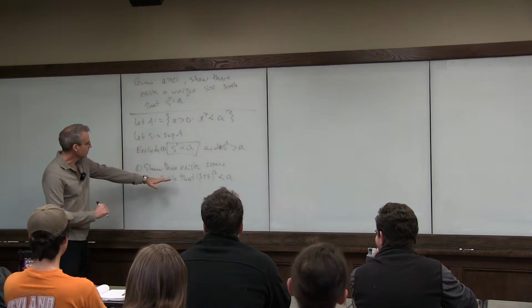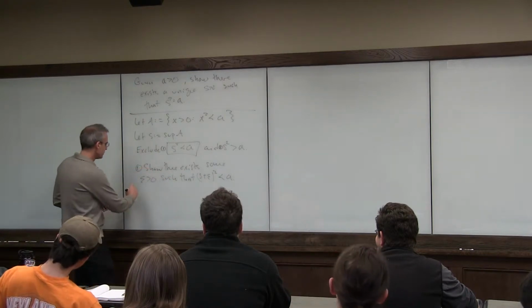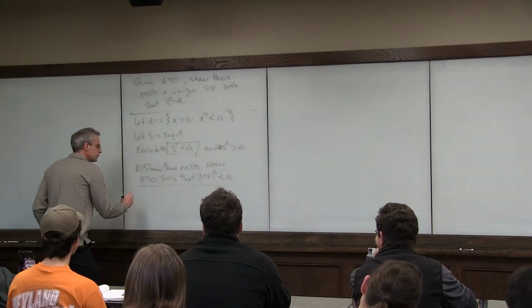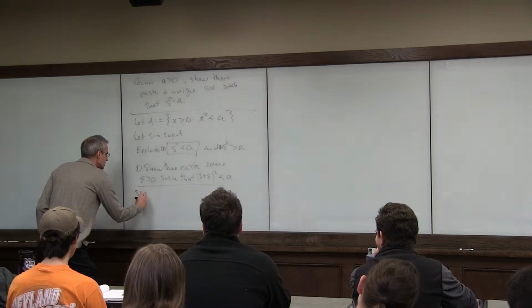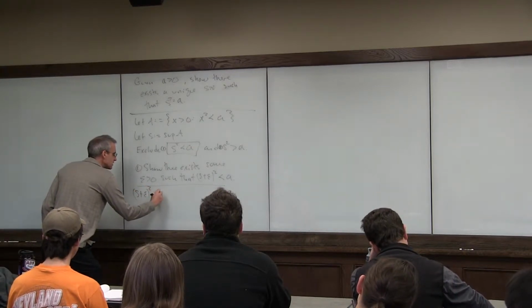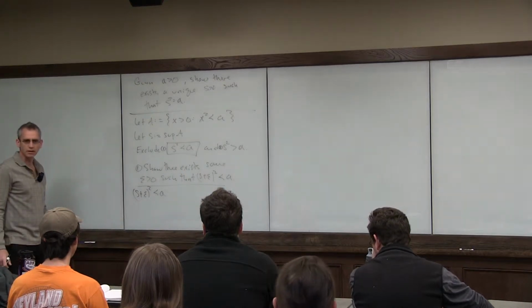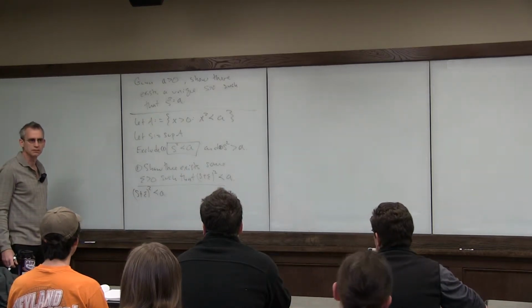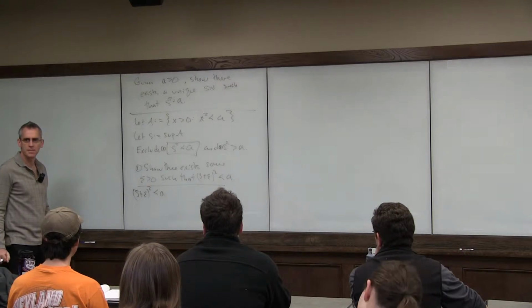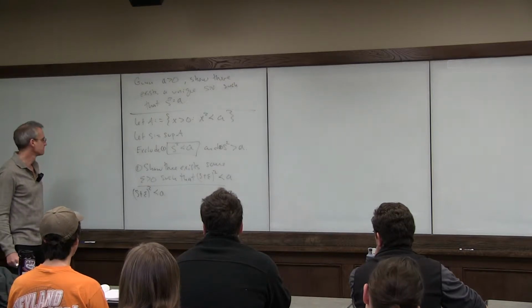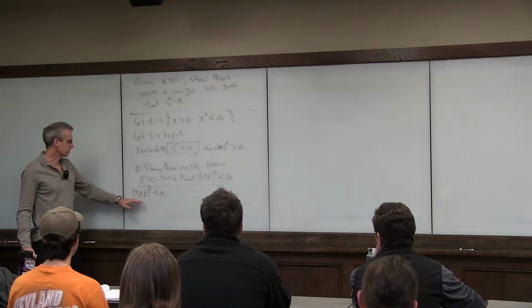And the reason why this was the strategy, remember, is because if S plus epsilon squared is less than A, what does that tell you about the number S plus epsilon? Where is it? Certainly positive, right?